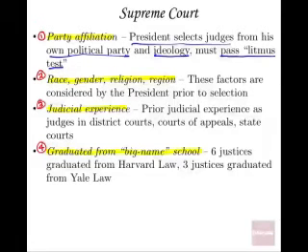Now, if presidents are asked, do Supreme Court nominees have to pass the litmus test? The politically correct thing to say is no. The president is going to say that I'm going to appoint someone based on their qualifications, their ability to be a good Supreme Court justice. They don't have to pass a litmus test.